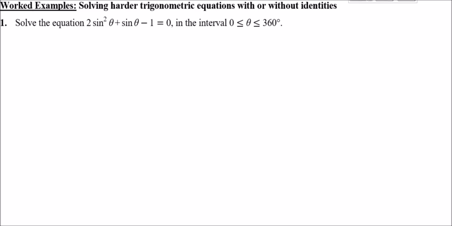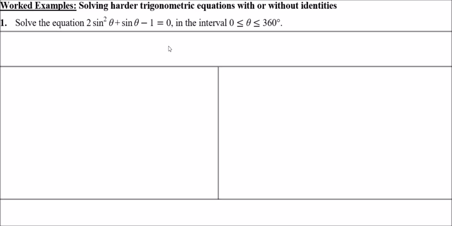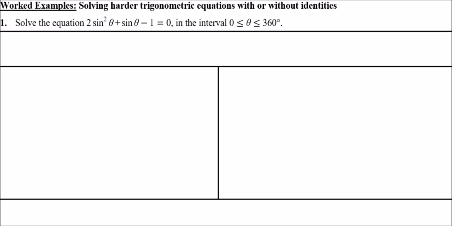The first thing I'm going to suggest we do here is to rewrite this equation simpler. I'm just going to set up a bit of space to solve this. My suggestion here is to let sine theta just be known as s. If we do this, it just reads much simpler. So let sine theta equal s.